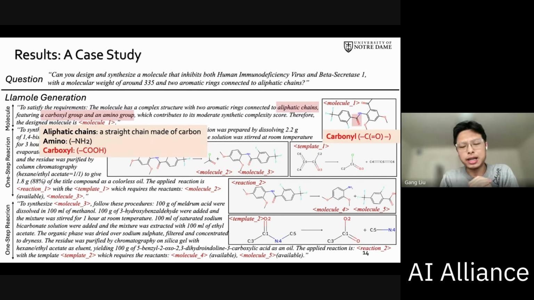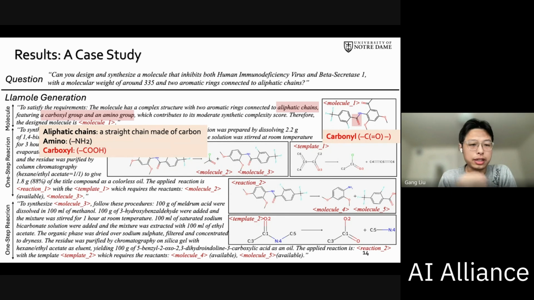But definitely there is some room to improve the model. If we look at the details, for example, the large language model tells us the designed molecule should have aliphatic chains, a carboxyl group, and amino groups. If we observe the generated structure, we can see that some of the requirements from the generated text are already satisfied, like it contains aliphatic chains. But some of them are not.